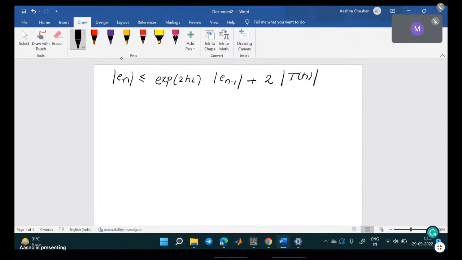So this was the last line. इसके बाद में we were trying to find out the convergence of this error. This error is not actually diverging, but it is converging.